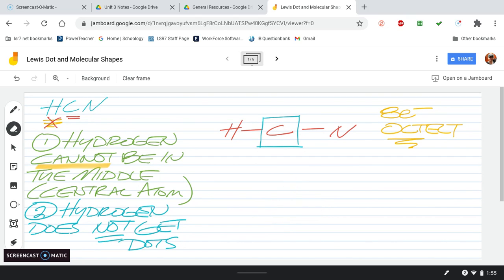Okay, so let's go over to our little box here. What I would do is I'm going to put dots where there's no attachment. So see, there's nothing here and there's nothing here. So I'm going to put a pair of electrons there and a pair of electrons there. See, now every side of the box, 1, 2, 3, 4, every side has something.